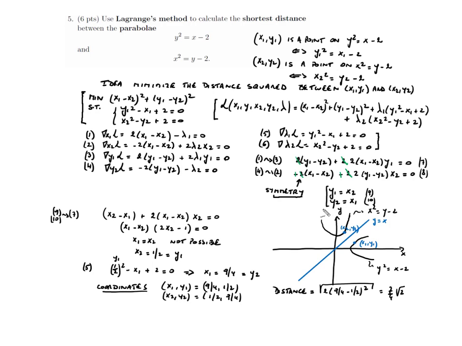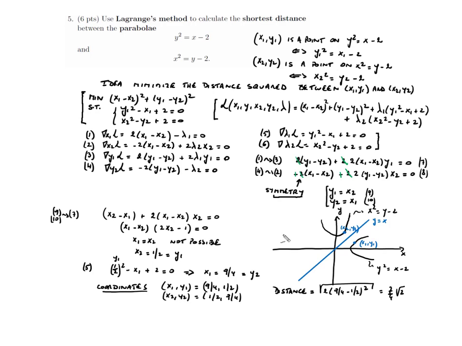So what we can now do is take these relations and inject them in equation 7, and if you go through the calculations you will see that you obtain this equation. Obviously x1 is equal to x2 in addition to these equations would simply yield a point that is the same.